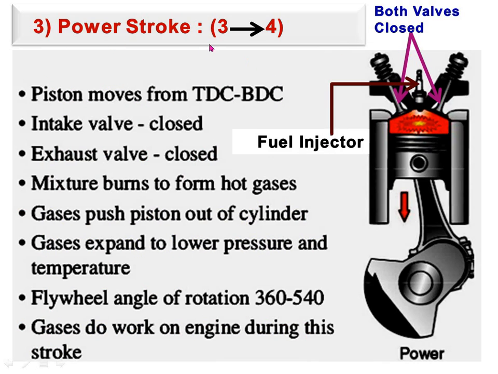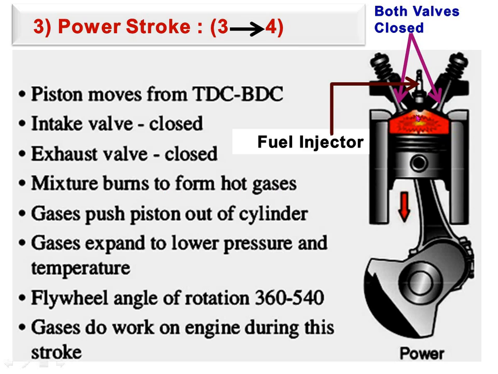The events taking place in the power stroke are explained here. Piston moves from top dead center to the bottom dead center. Means in the power stroke, the piston moves from top dead center to the bottom dead center. Intake valve closed, exhaust valve closed. Means both the valves remain closed. Mixture burns to form hot gases.